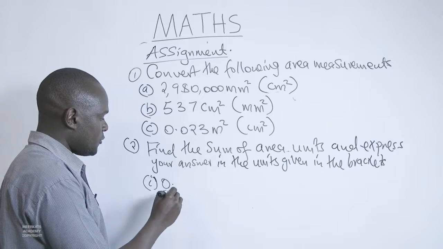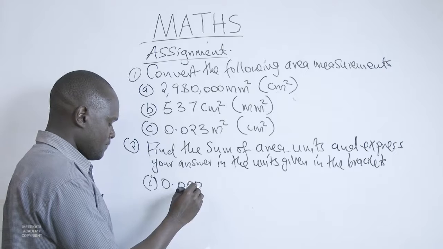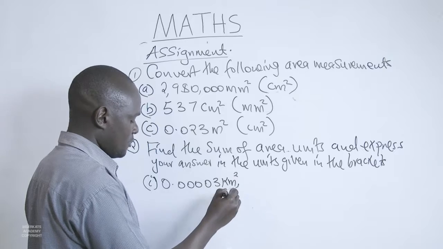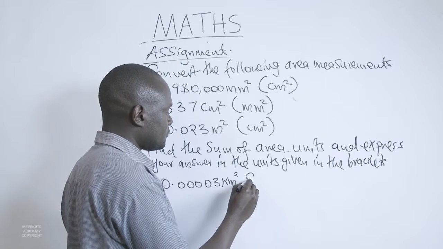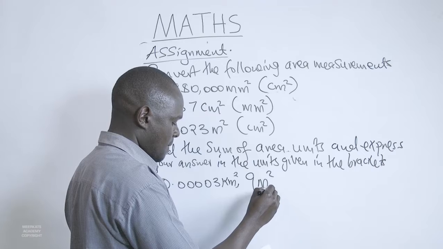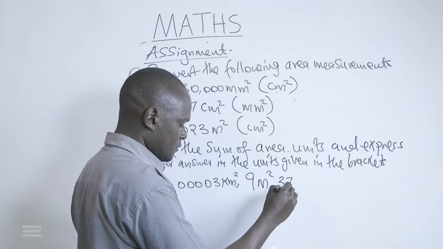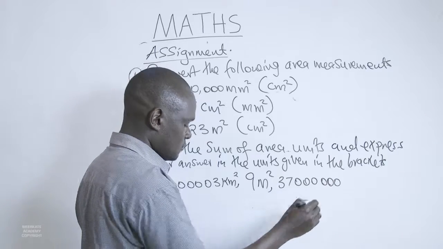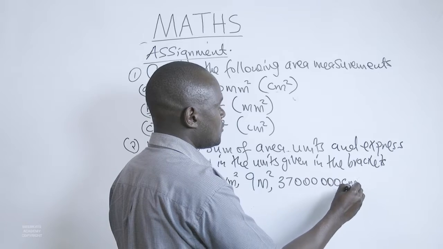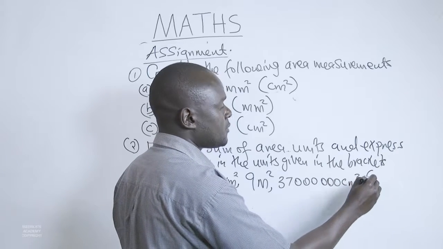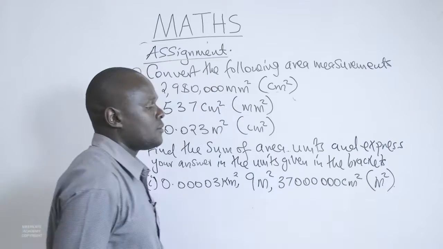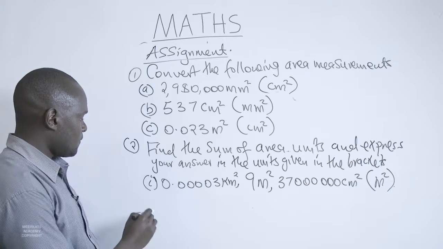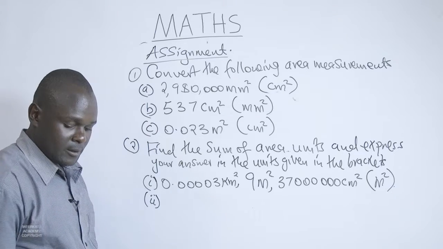You find the sum of 0.00003 square kilometers, 9 square meters, and 37 million square centimeters, and your answer should be expressed in square meters.